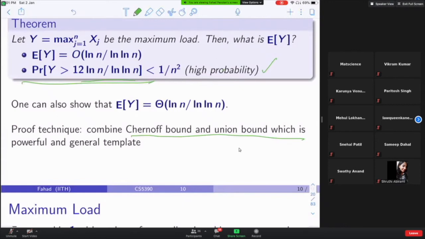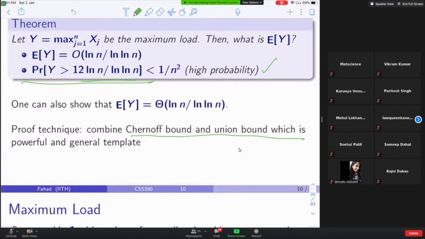Okay, so that is a very well used combination. You use Chernoff bound and get a probability so tiny. Like the probability of failure is so tiny here, 1 by n square, right?